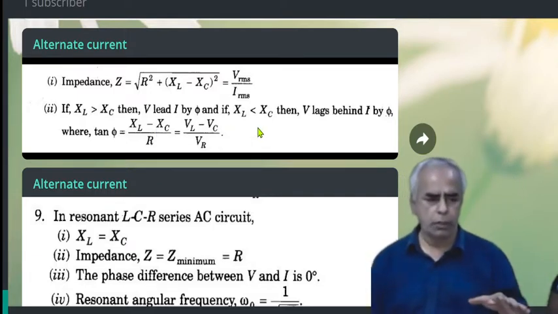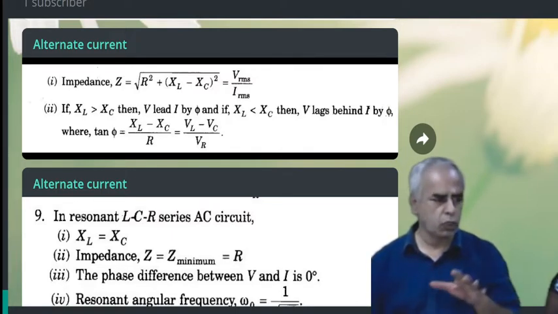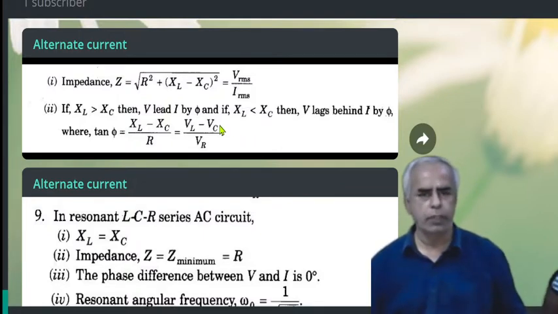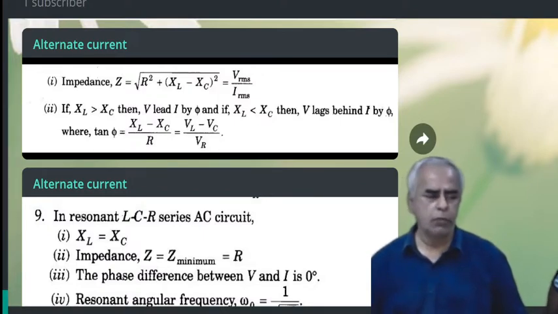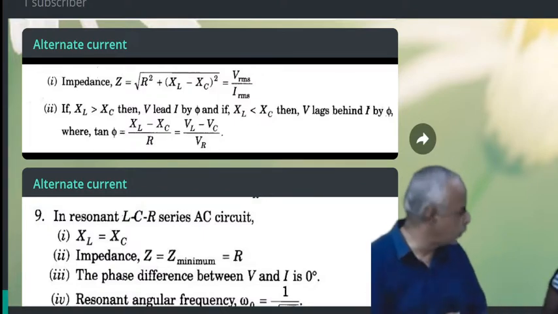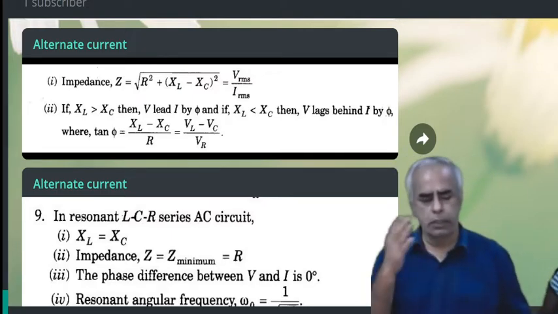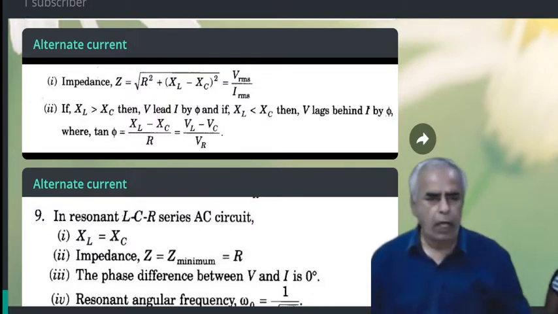This one is as per Pythagoras theorem, that is hypotenuse squared is equal to opposite square plus adjacent square. So in this case we have got R and XL minus XC. As I already discussed, the phase difference between XL and XC will be 180 degree, that is pi, and that is why they are just opposite to each other. Now Z, that is impedance, is also given as VRMS divided by IRMS.